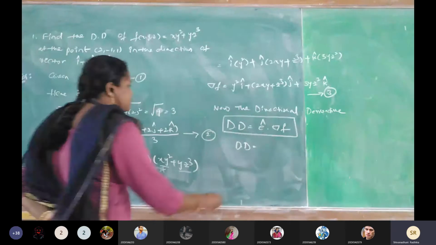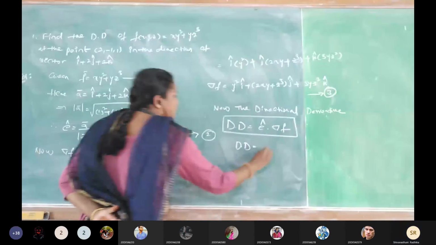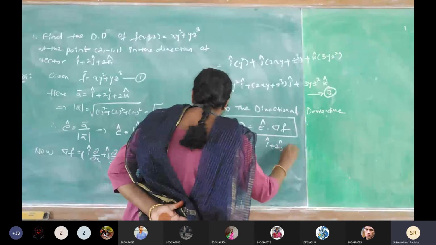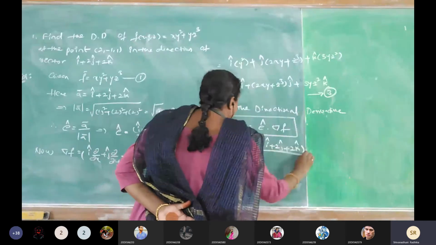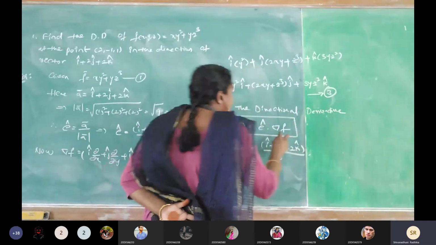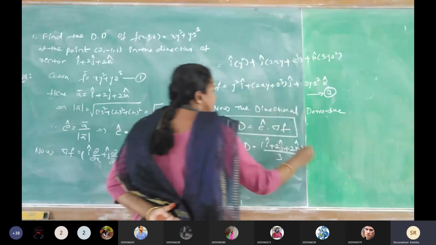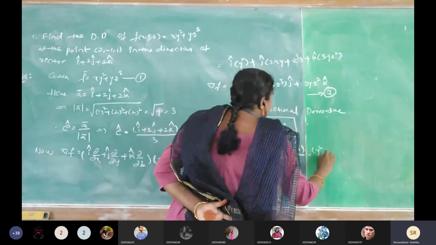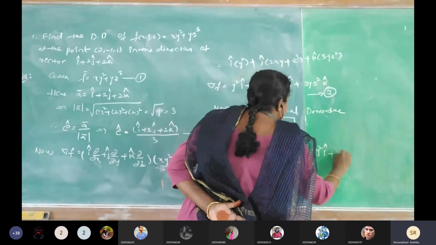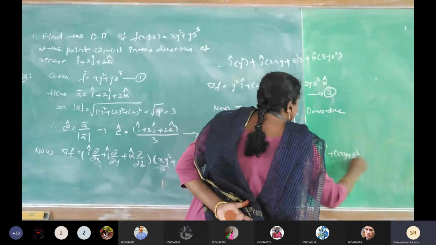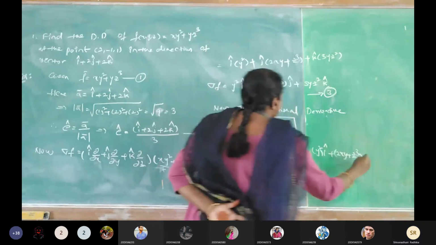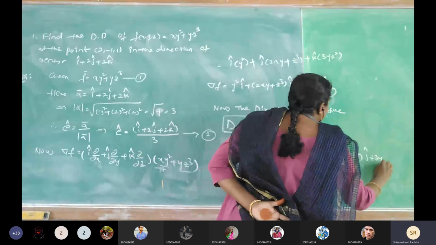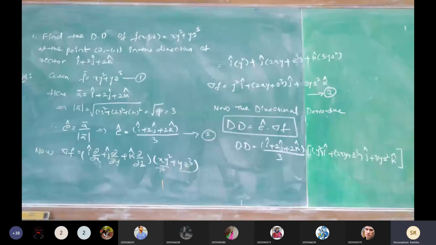Just going to substitute here: (i + 2j + 2k)/3 dot del f. So this is del f here: y² i + (2xy + z³) j + 3yz² k. By simplification, we are going to find the directional derivative.